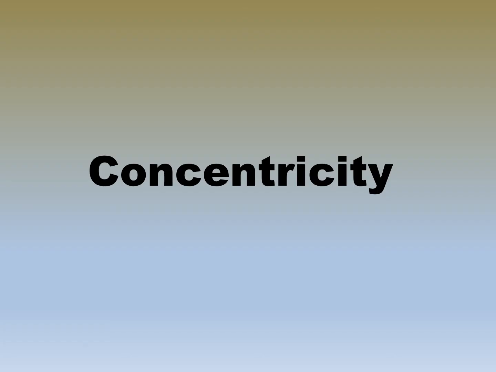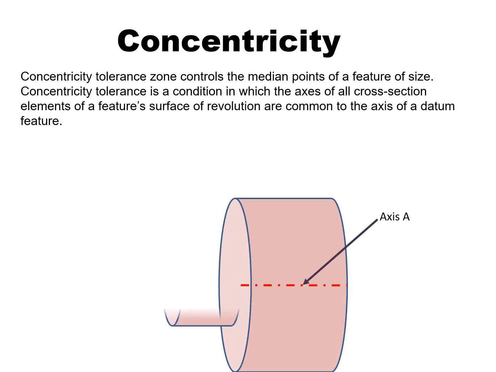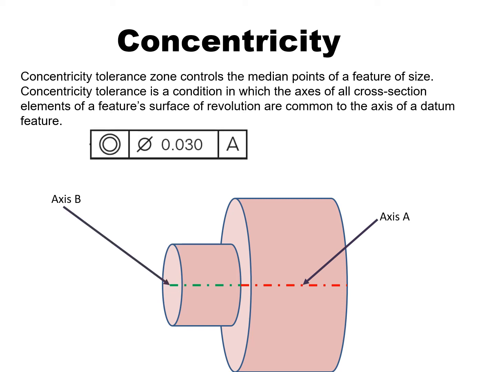Next is concentricity. Let us consider an example. Consider a component which is having 2 diameters. The axis of the first diameter is axis A, the second diameter we can call axis B, and axis B should be concentric with respect to axis A. The tolerance value is given as 0.3.